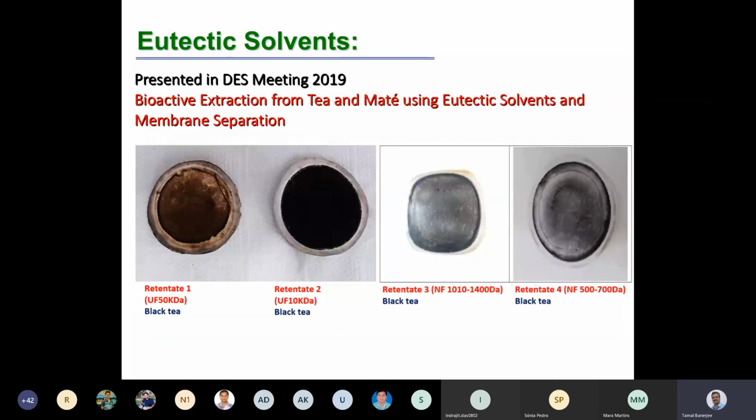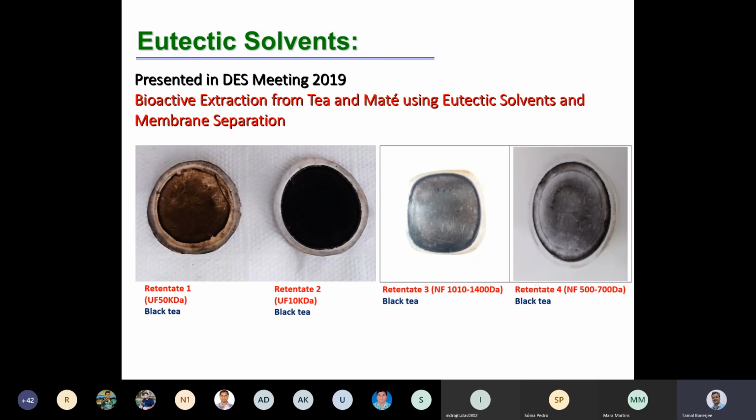Here are the photos. We have so many phenolic compounds here at 10 kilodaltons in the example of the black tea. We have to try nanofiltration with molar masses below 500 daltons.